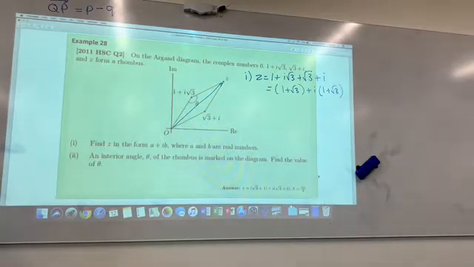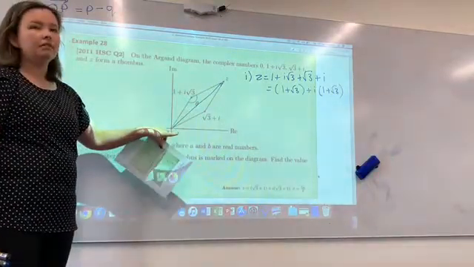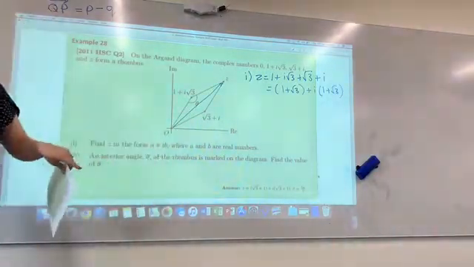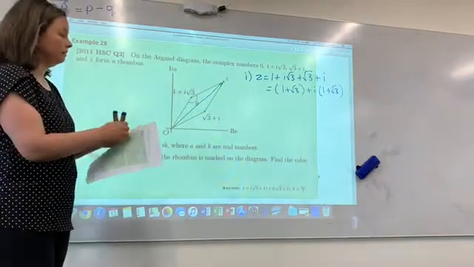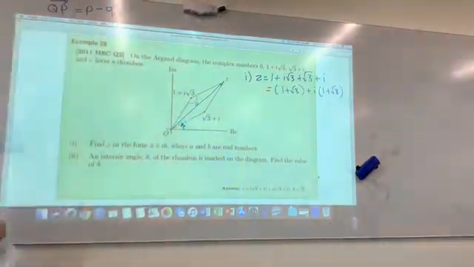What angles can we find out? That might help us to work out some angles inside that rhombus. Yeah, so we can work out this one.